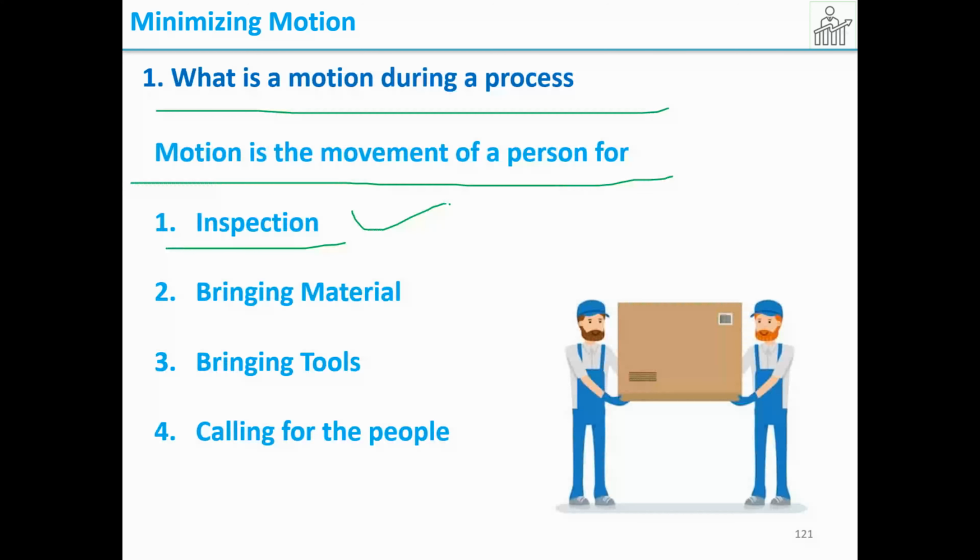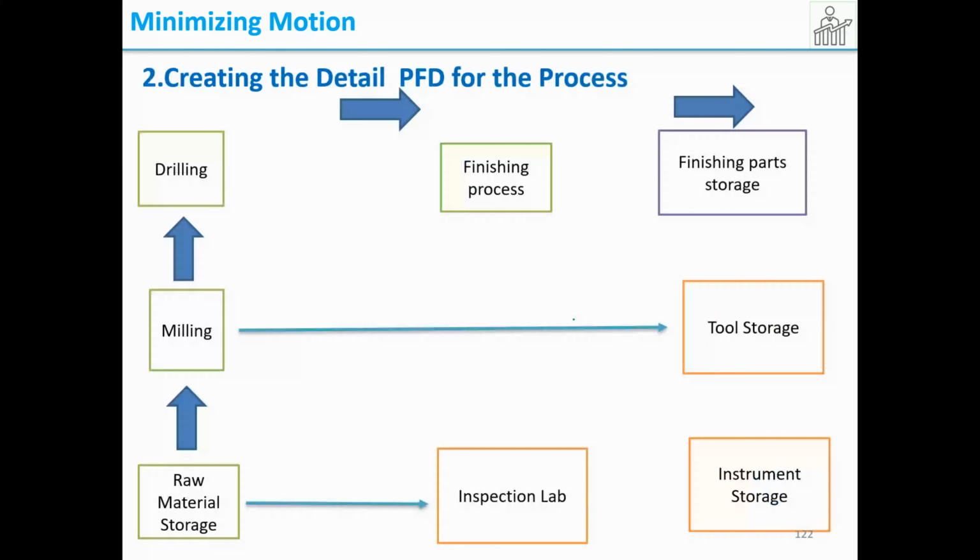The person is moving for inspecting the parts. That is one of the motions. Then bringing material from one place to another, and bringing tools to do the operation. Then calling for the people. Suppose there is a problem, you need to physically walk to the supervisor and call. So these are the different categories of motion.